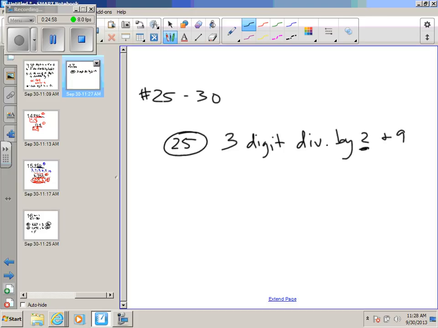So it's going to have to end in a 0, 2, 4, 6, or 8. And then for it to be divisible by 9, the sum of the digits has to add up to 9. So let's do this. Let's make 0 our last digit, because that's even, right? So give me two numbers I can add together that would make it divisible by 9.